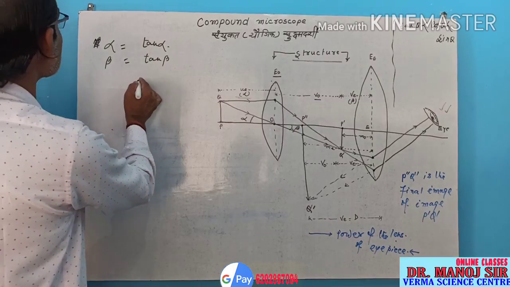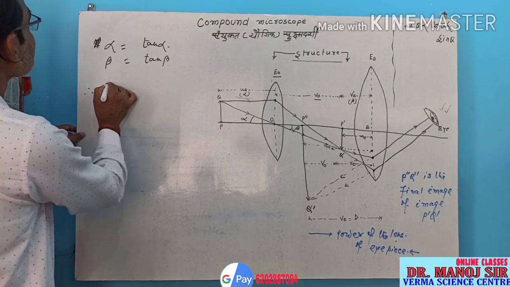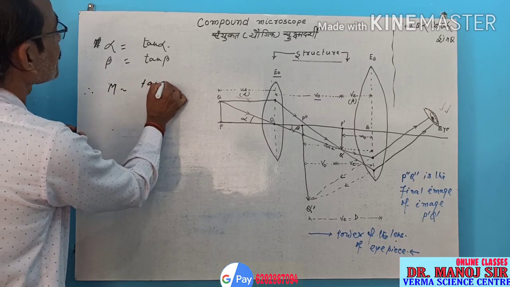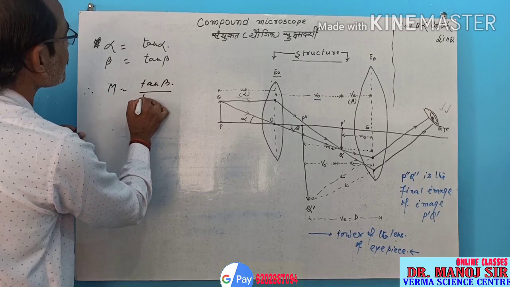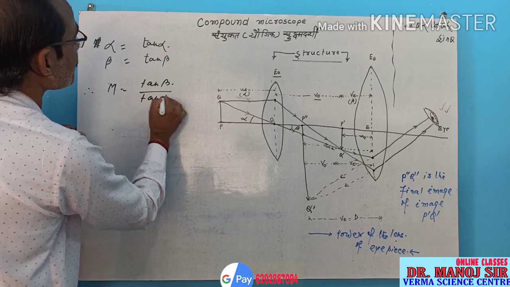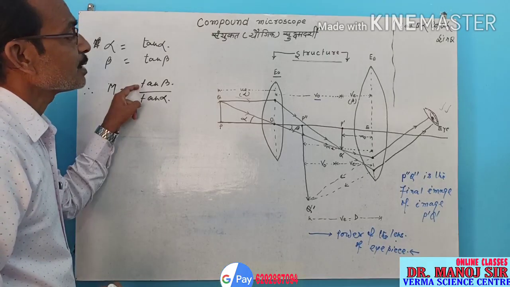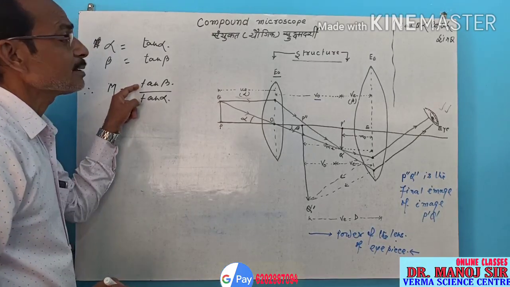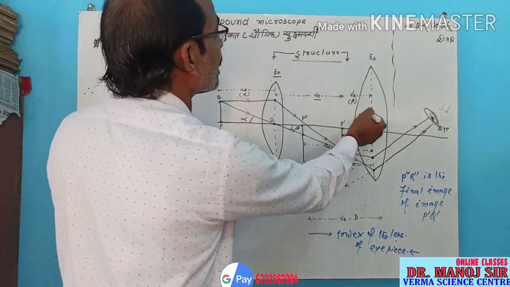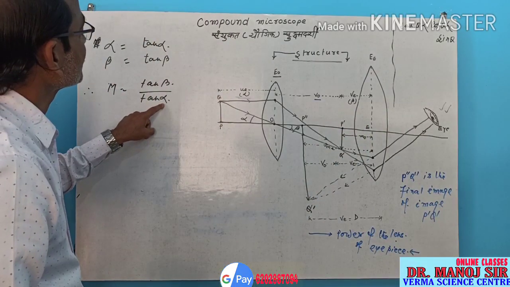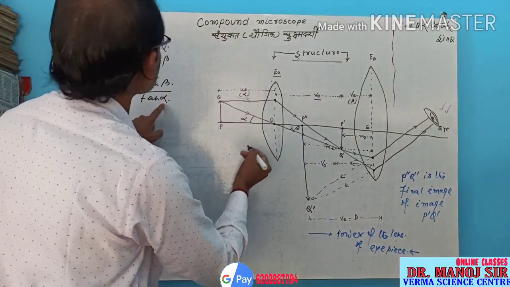So M equal to tan beta upon tan alpha. Here tan beta is the angle deviation of the eyepiece and tan alpha is the angle deviation of the objective piece.